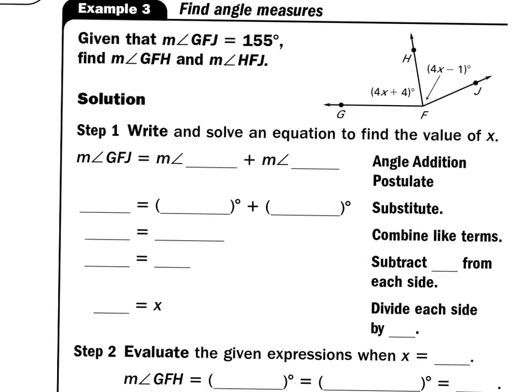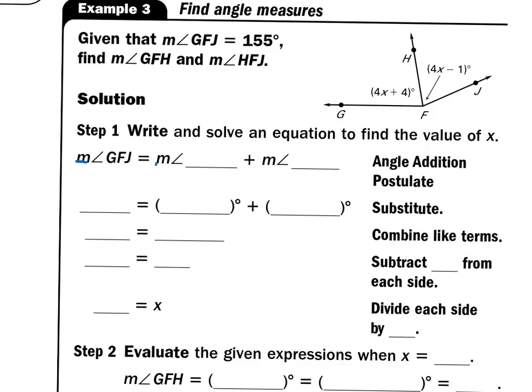So, given that GFJ is 155, find the measure of GFH and HFJ. Solution. First, we always need to write it in words. So, GFJ equals, and these little m's here mean the measure, or the numbers for the degree.